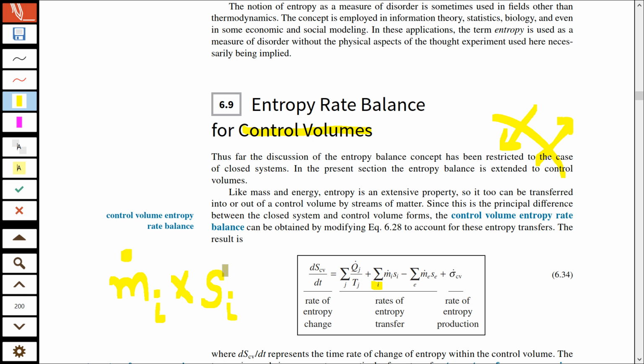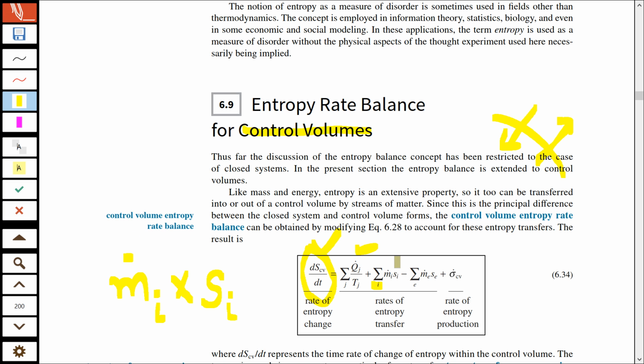So I use small s for the specific entropy without a dot. That dot is important because dot simply means that it is crossing the boundary. Remember this dot should not be confused with this derivative. This derivative is the rate of change within the system, and that has nothing to do with the boundary.